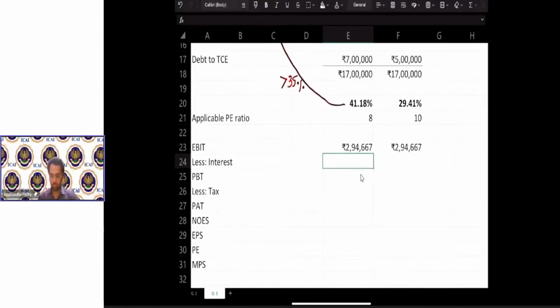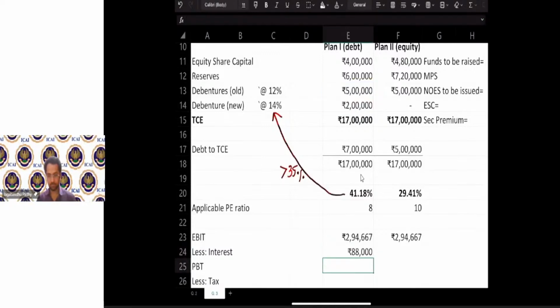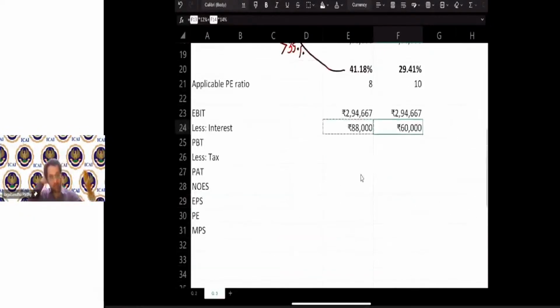Now, less interest is going to be on this 5 lakh, where you're going to pay 12%. And in addition to that, on this 2 lakh, you're going to pay 14%. And the interest in the second plan is going to be 60,000, correct?